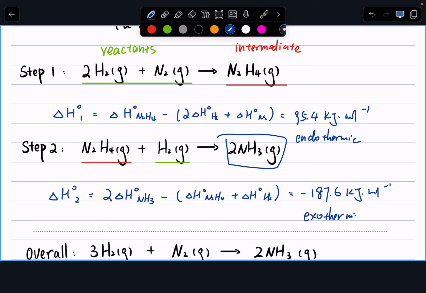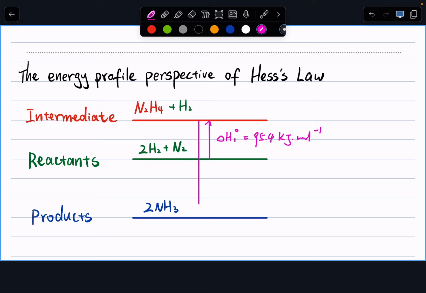And then the second step is delta H naught for step 2, which is exothermic by 187.6 kilojoule per mole. And the overall reaction is just my reactant going to my product.